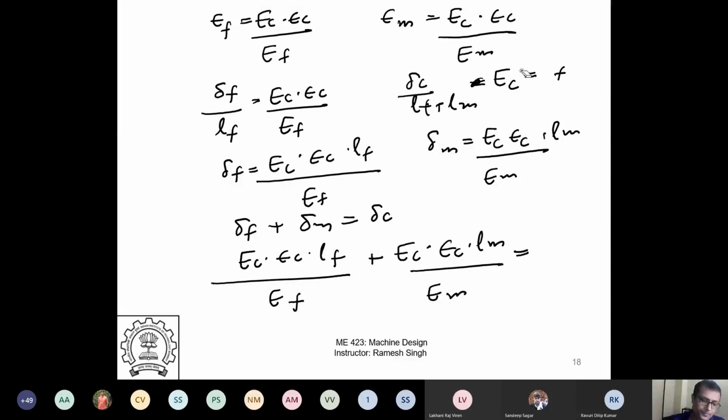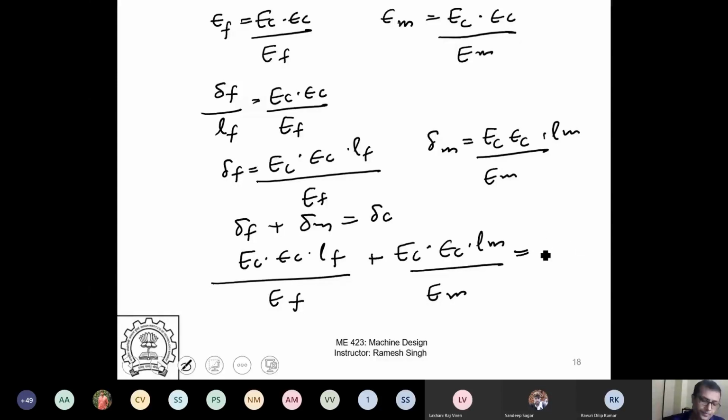Wait, let me just do this. The deformations you sum. This is delta composite, and delta composite is EC epsilon C. Let me just plug this here, sorry.